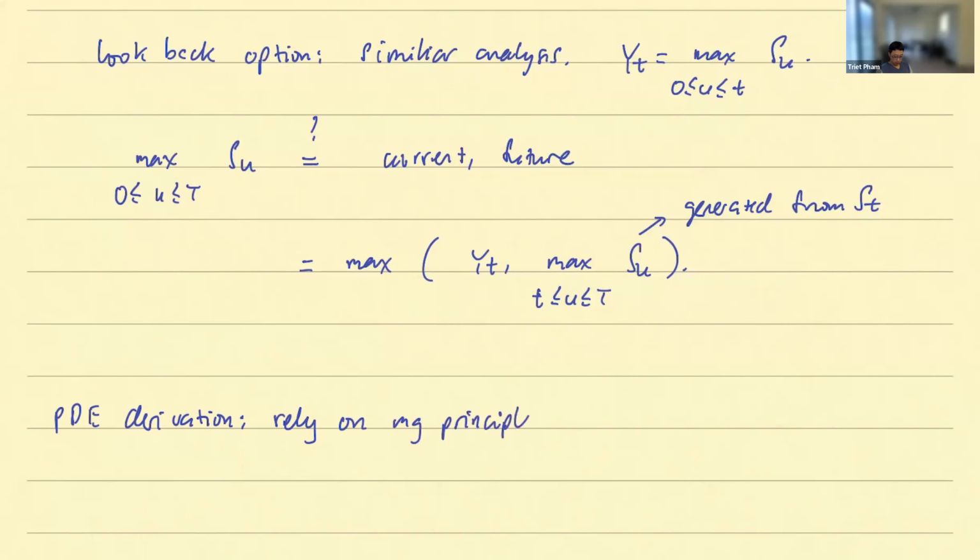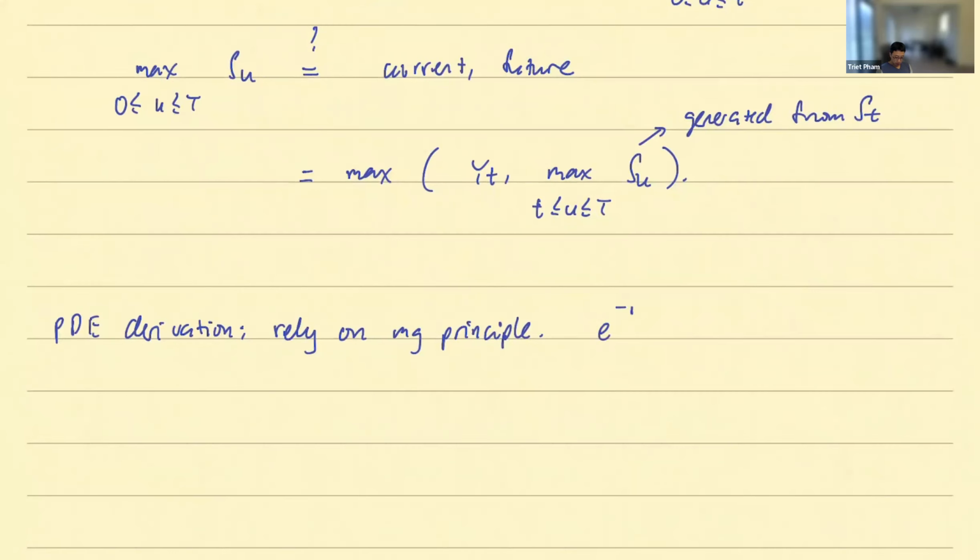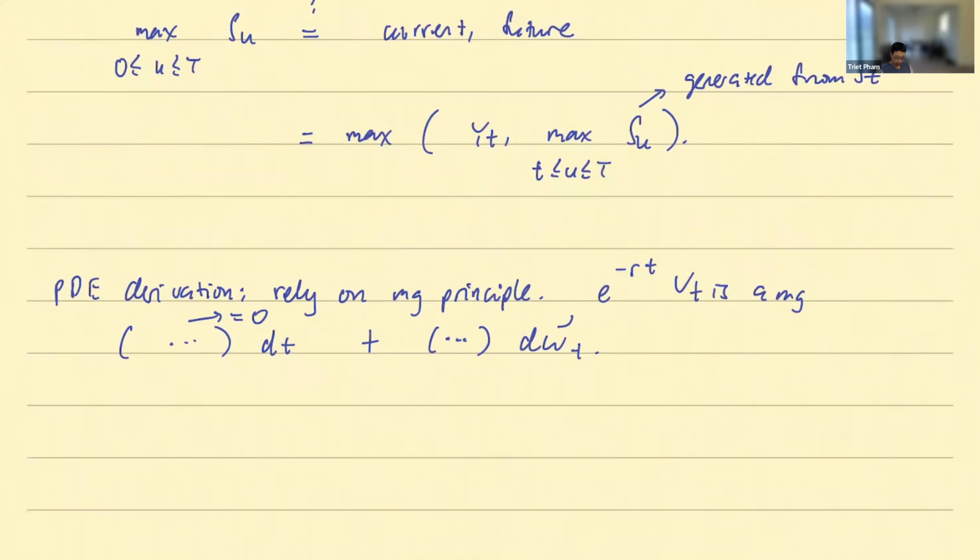Basically, e to the minus rt times V_t is a martingale. So whatever part is dt, set equal to 0. All well and good, except let's take a look at what's going on.